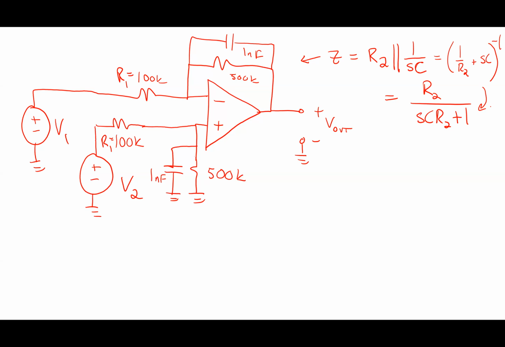What I then do is look at this and say, you could have kept it in terms of all those components, but it gets ugly, as I'm sure many of you know. This is R1.